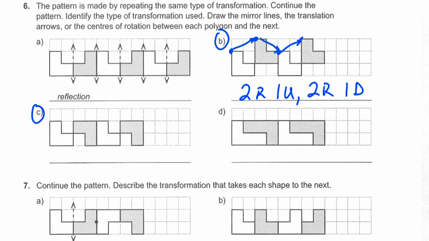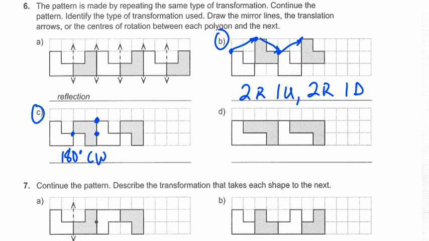For C, looks to me like there's a 180-degree rotation happening there from that point. And then I would say a 90-degree rotation happening there. So I would say 180-degree clockwise on that point. Oh, and I suppose you could put the point here instead of up at the top if you wanted to.